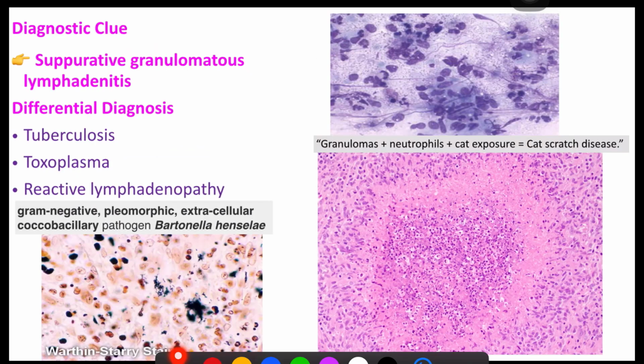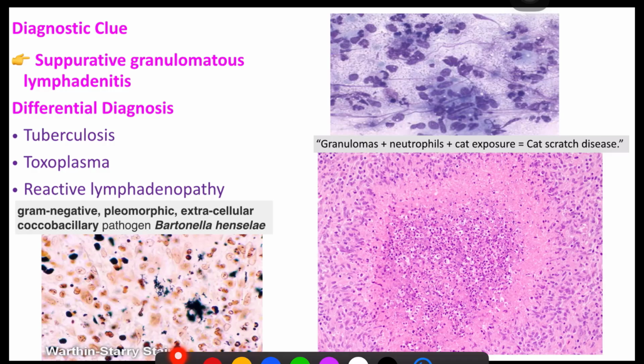So it is a suppurative granulomatous lymphadenitis, where you can find this granuloma with necrosis and in the center an abundant amount of neutrophils. Differential diagnosis includes tuberculosis, where neutrophils are absent, toxoplasma and reactive lymphadenopathy.